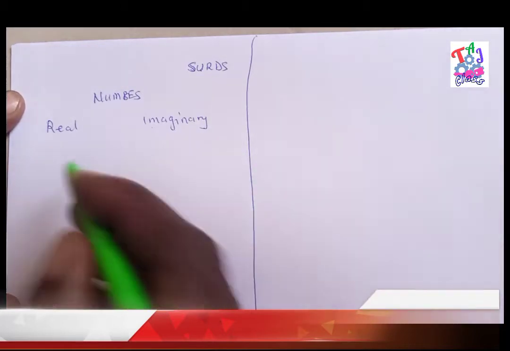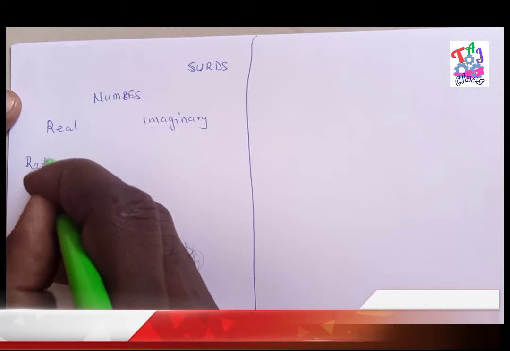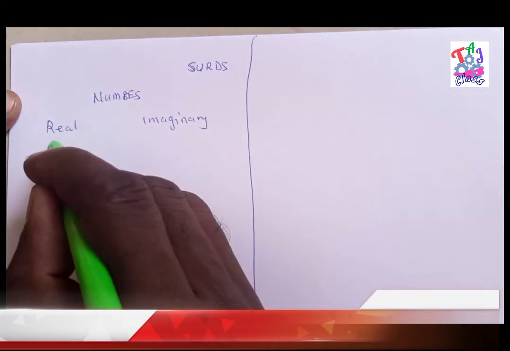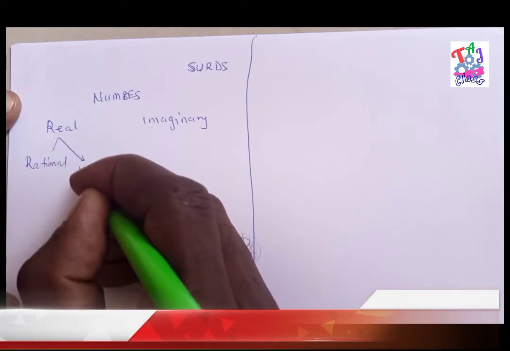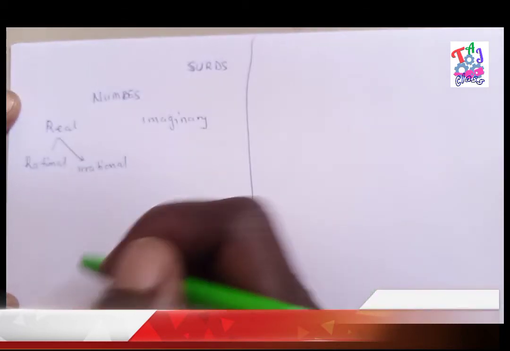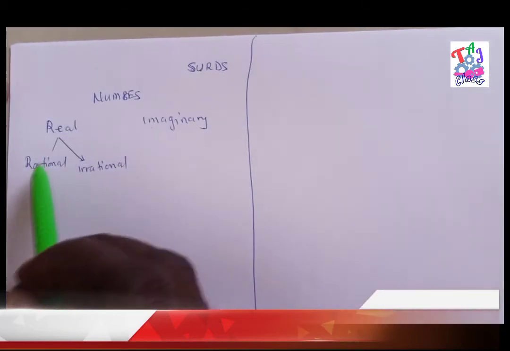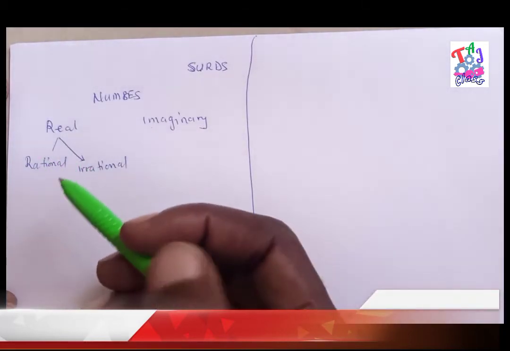Now, under real numbers, we have what we call rational numbers and irrational numbers. Still under this is where we have the surds.